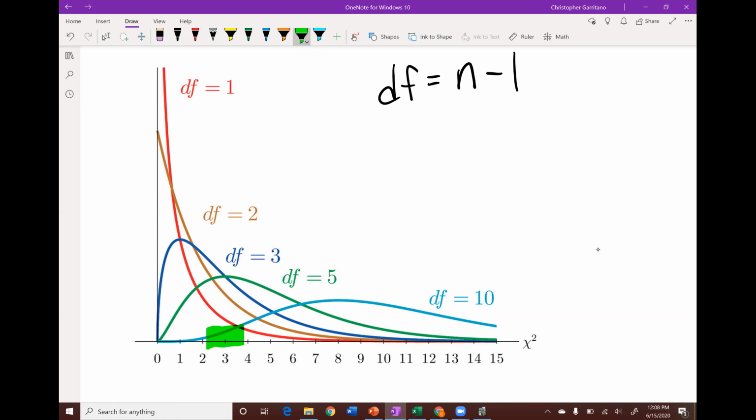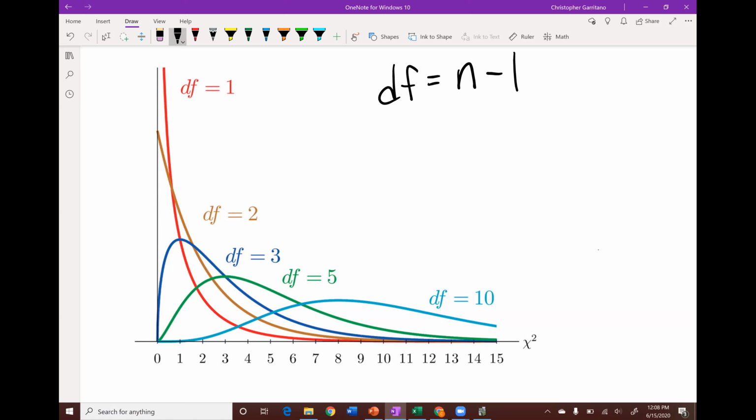All of a sudden, it becomes more likely to get larger chi-squared values. And that should make sense because you're adding more numbers together. The more numbers you add together, the more likely it is to get higher chi-squared values, even if the null hypothesis is true, because sampling variability is a thing.